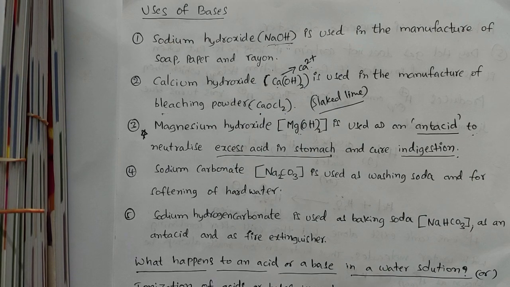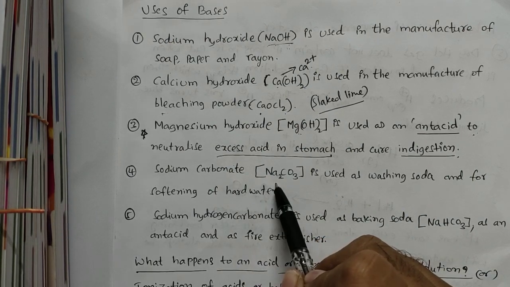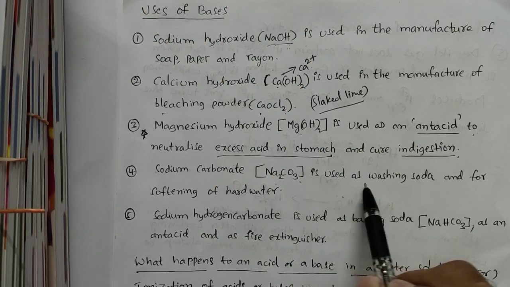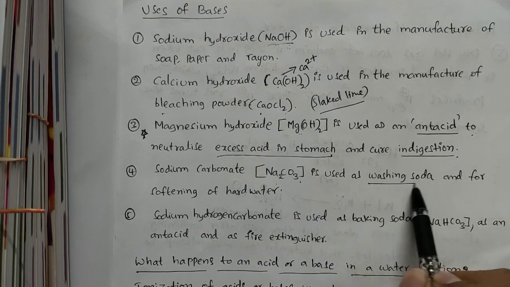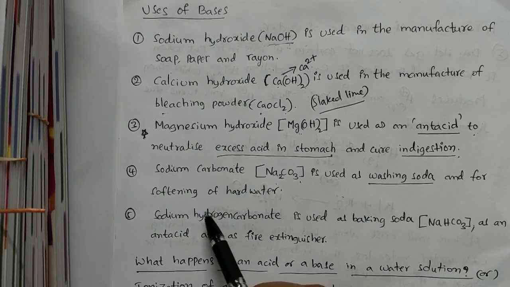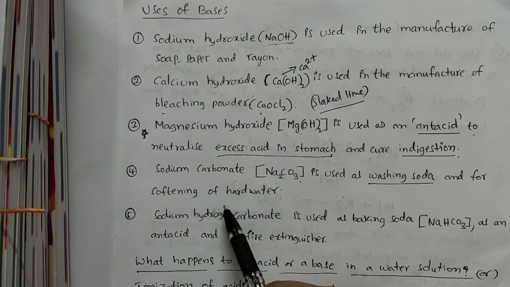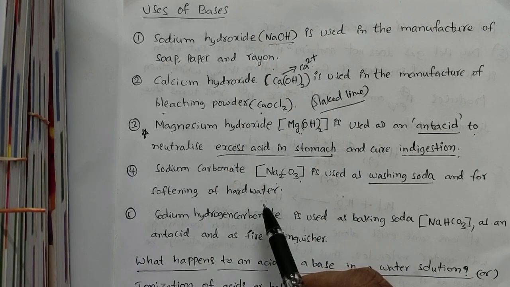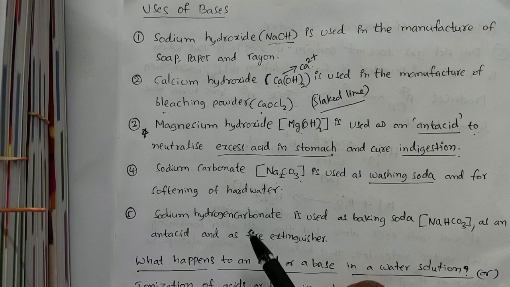Next one is sodium carbonate. Sodium carbonate's formula is Na2CO3 and it is used as washing soda, and also for the softening of hard water. Generally water can be classified into two types: hard water and soft water. The water which doesn't produce much lather or foam with soap is called hard water.